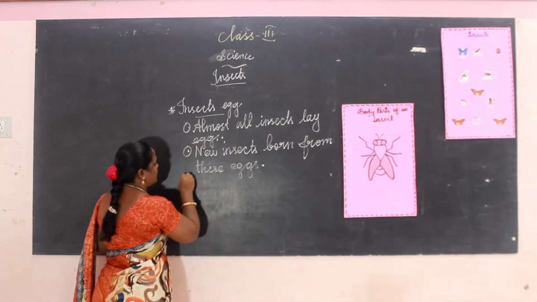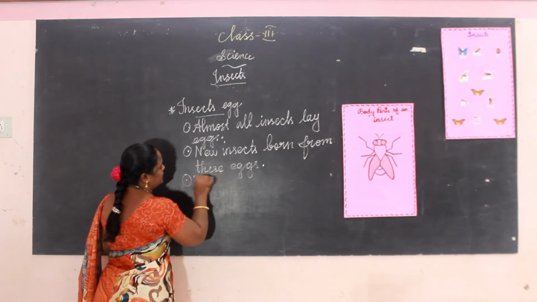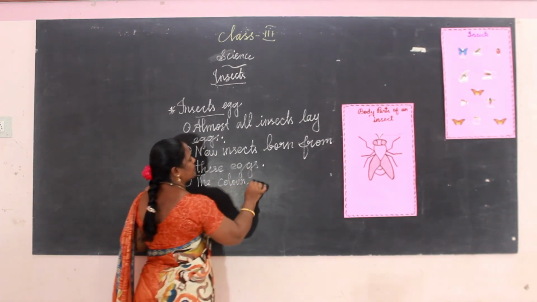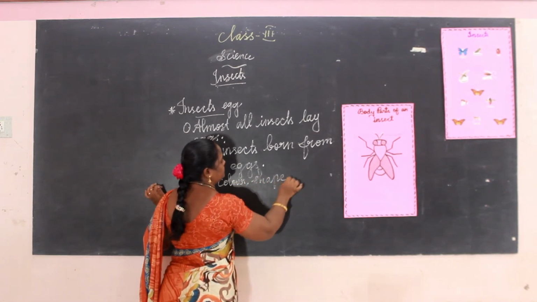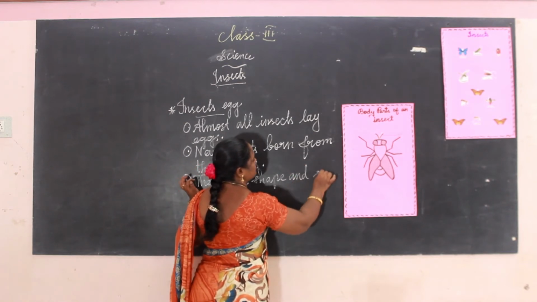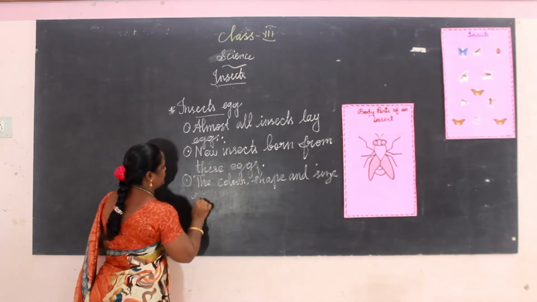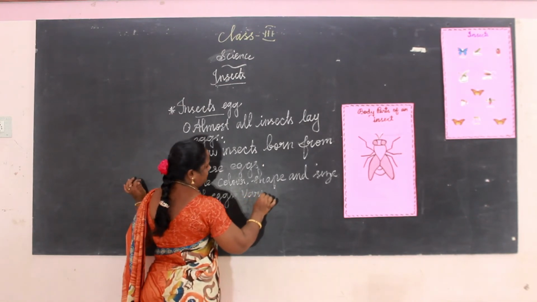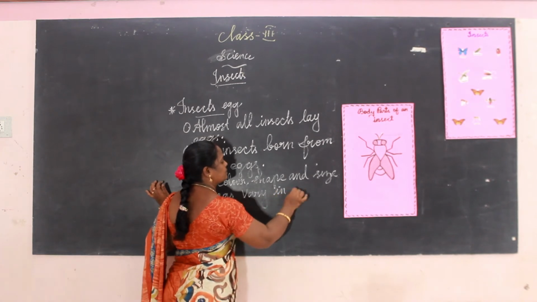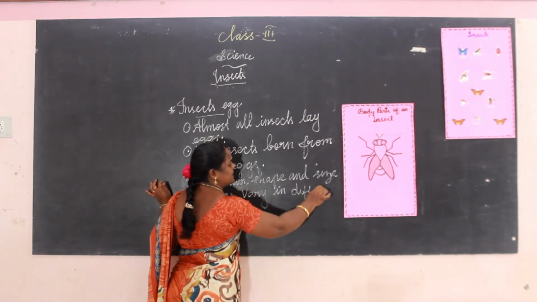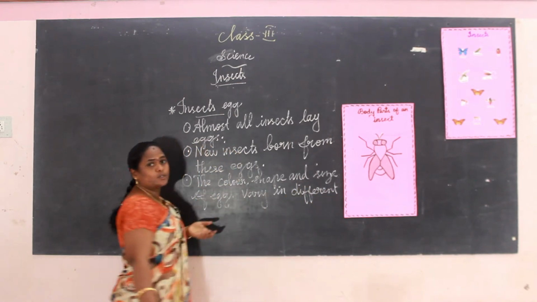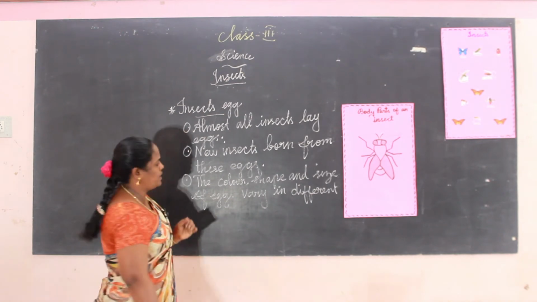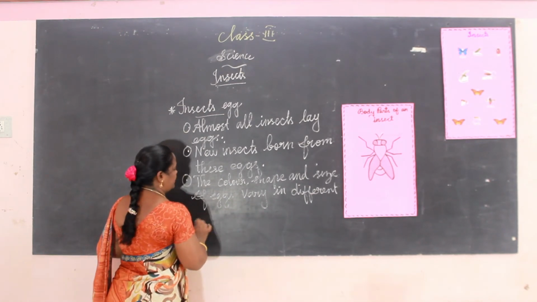The color, shape and size of eggs vary in different insects. So in different insects, the size, color and shape of the eggs are all different from one another.